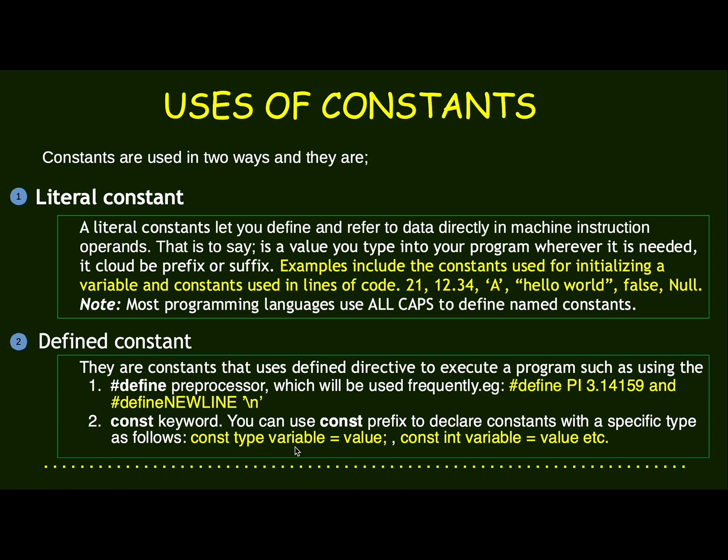Then the int here, which represents integer, is also a keyword, so const int means a constant integer variable, which should be equal to any value you are using in your calculations or program. These are the two ways we can use constants in our program.